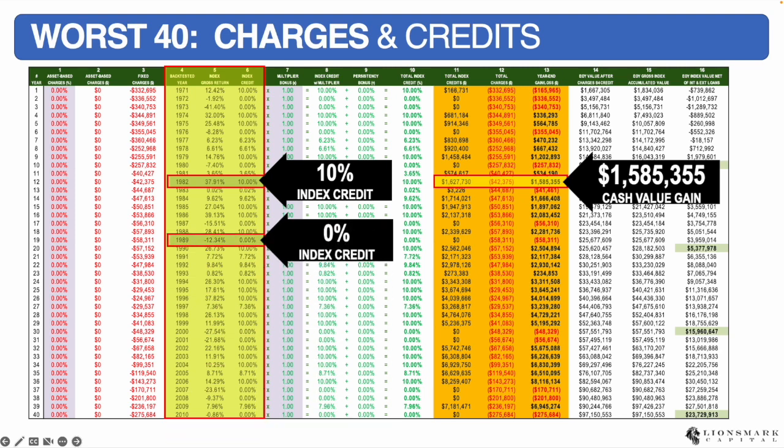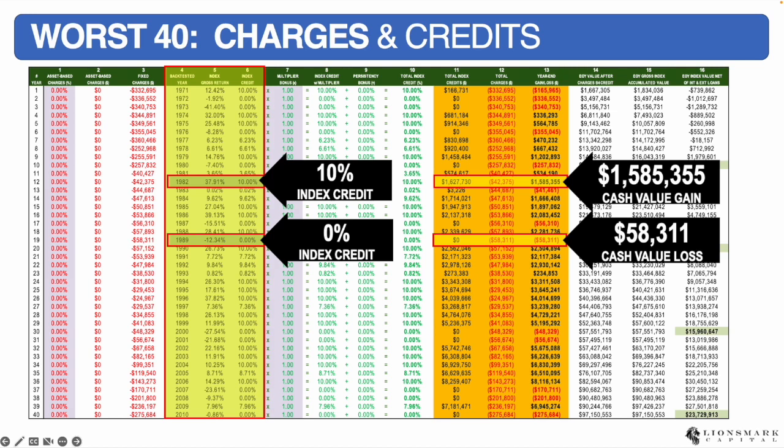However, let's say in 1989, the S&P took a negative 12% hit, which means the policy would have credited zero. So in that year, there would have been $0 credited based on the index credit. There was a $58,000 charge in that year, so your cash value would have decreased by $58,000 in that given year.